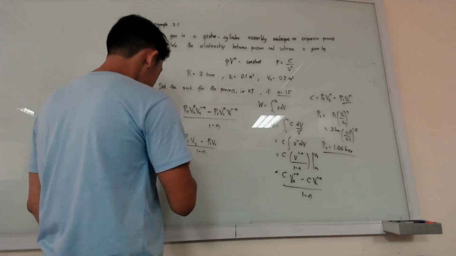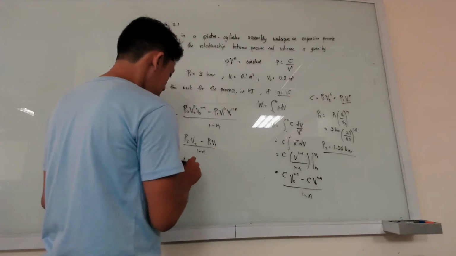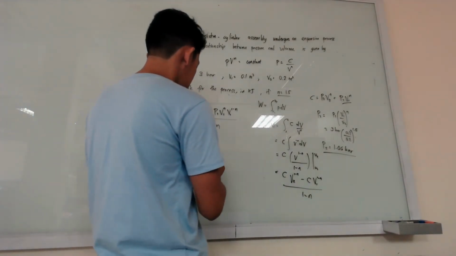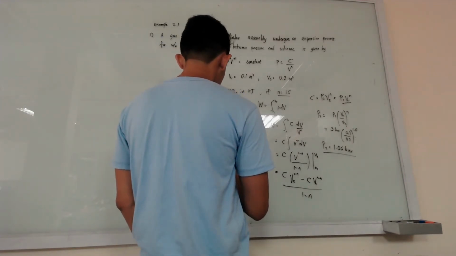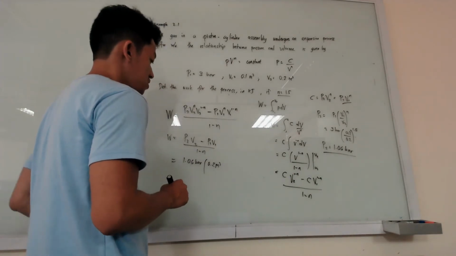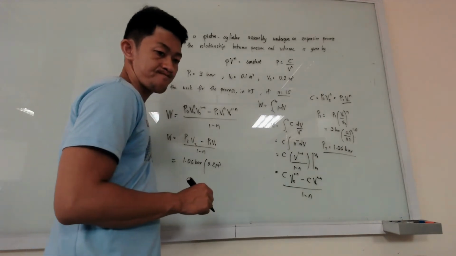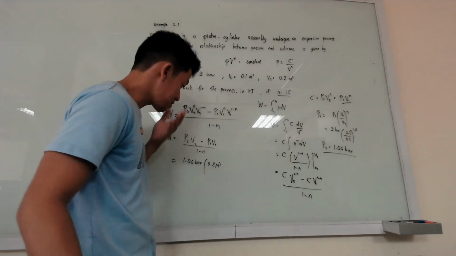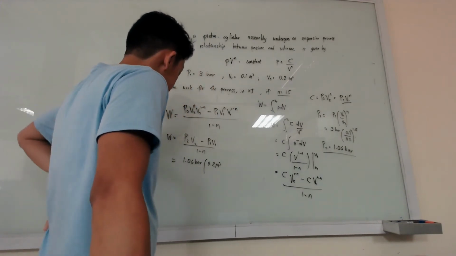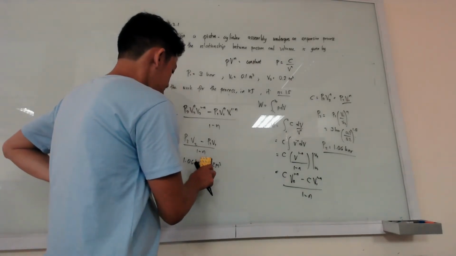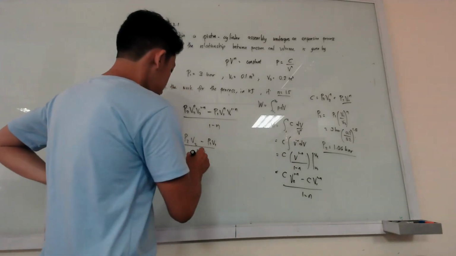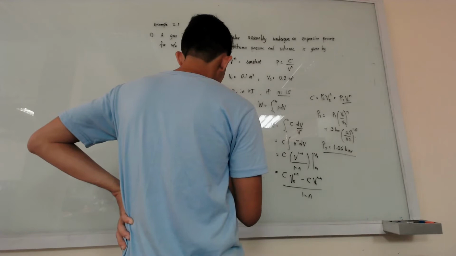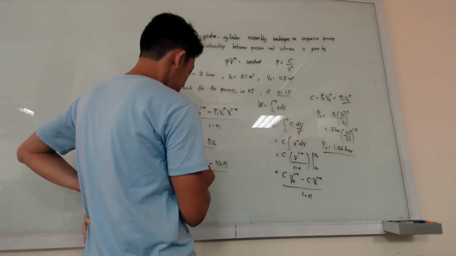Therefore, the work, we need to be consistent with the units. It is 1.06 bar times 0.2 m cubed, minus 3 times 0.1, over 1 minus 1.5.